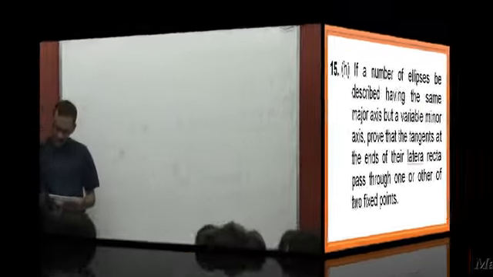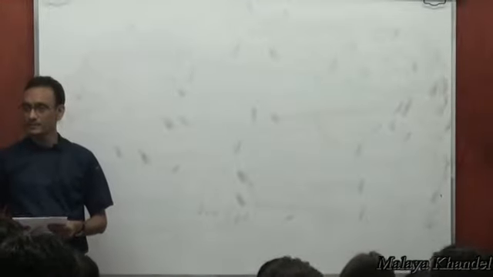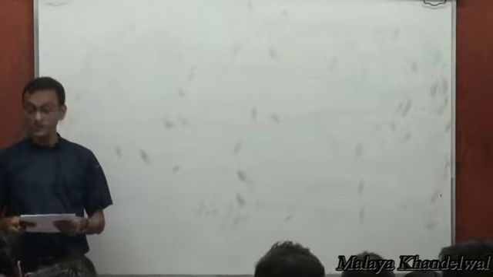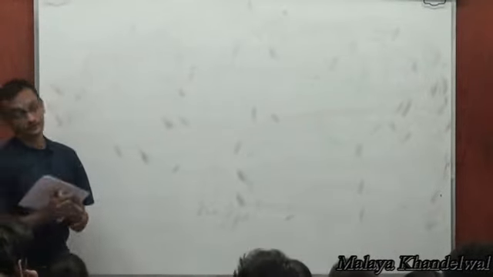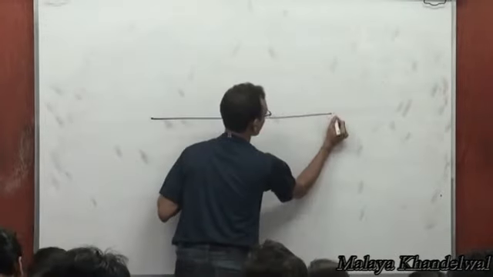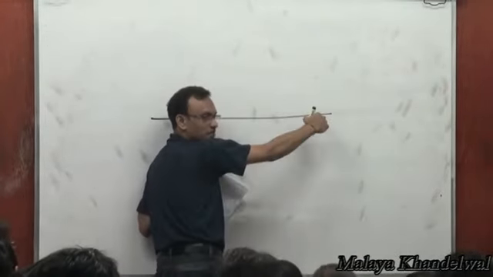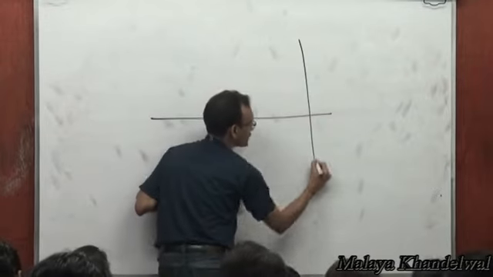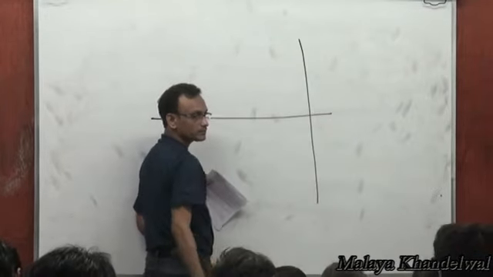A number of ellipses are described having the same major axis but a variable minor axis. Let's say this is the major axis, this is the directrix, this is the directrix.